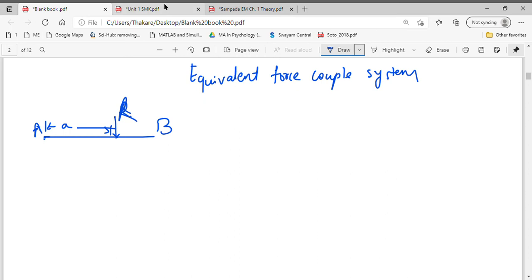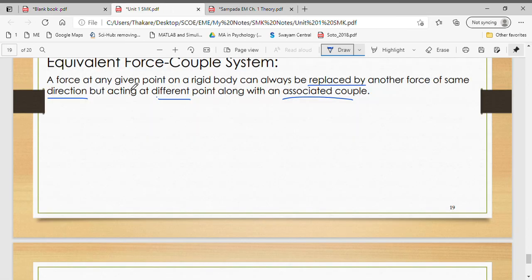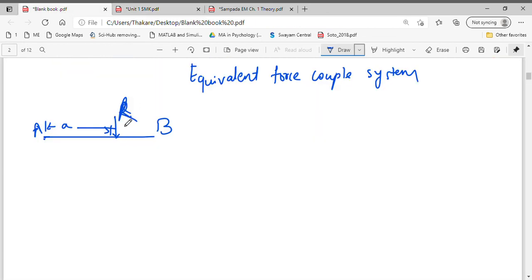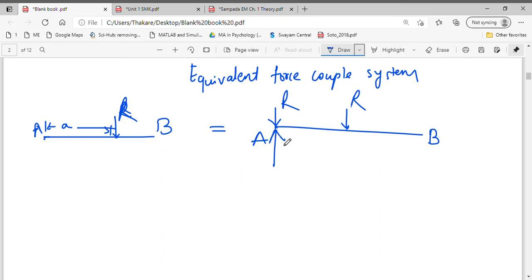So what does the equivalent force couple system say? That a force can be replaced by another force of the same direction but acting at a different point. So I can draw this force R at point A in the same direction, but to balance this R, I will have to apply another R of opposite direction.